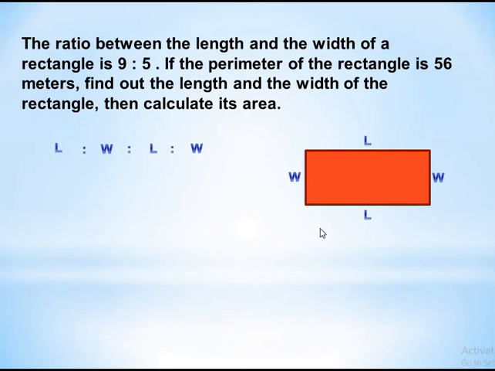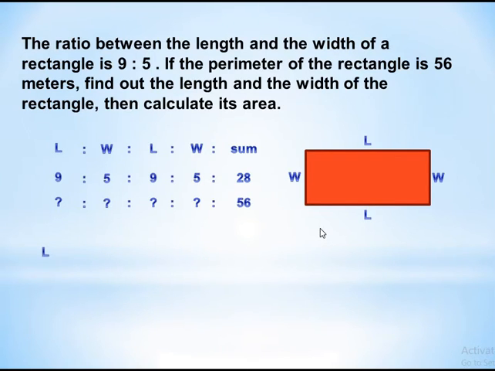We can't write only length to width. It's wrong. We write length to width to length to width, because we have two lengths and two widths to sum, which is the perimeter. So write 9 to 5, 9 to 5, the sum will be 28, and the real sum is 56.